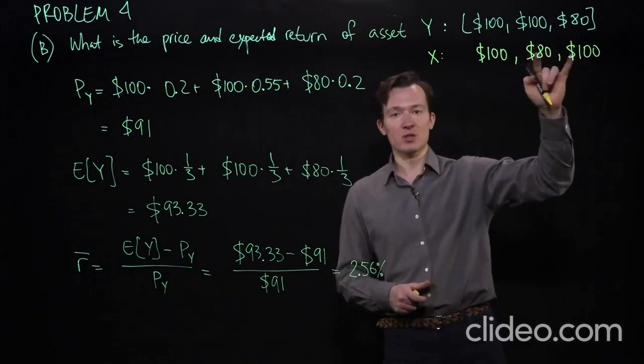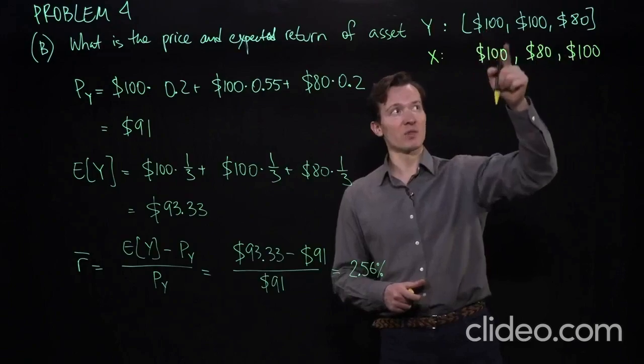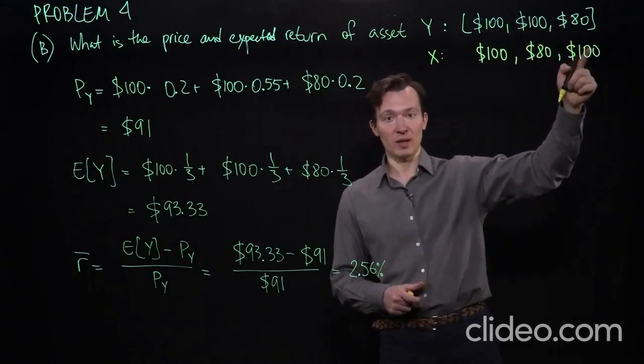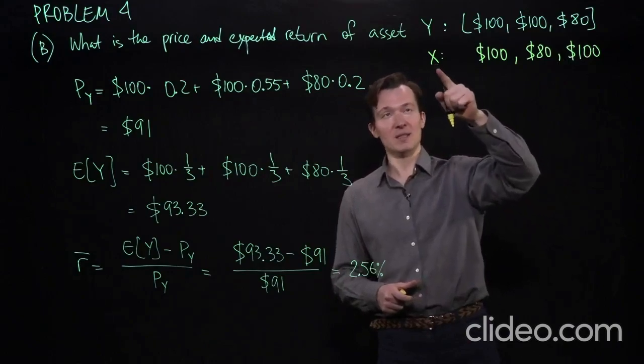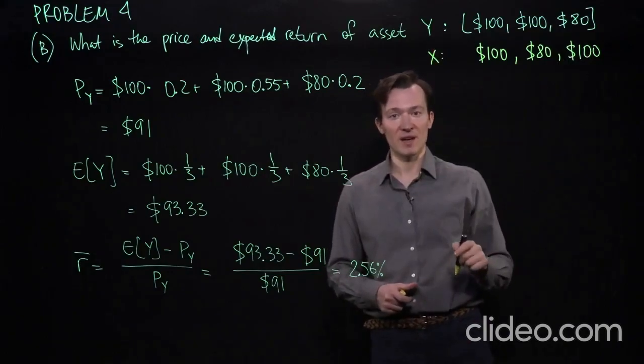Because of the symmetry and because each of these states is equally likely and occurs with likelihood 1/3, the expected payoff of asset X is the same as the expected payoff of asset Y.